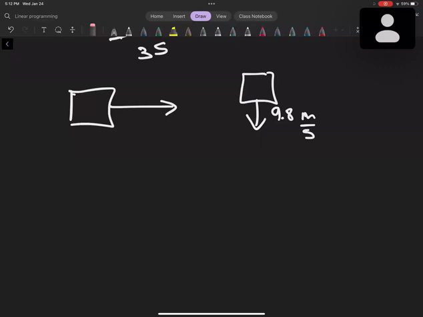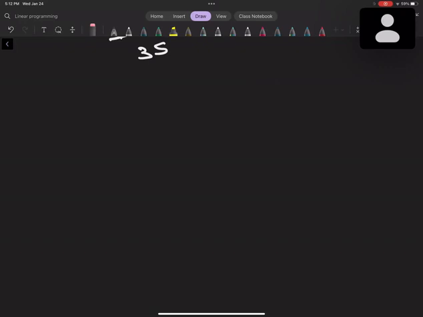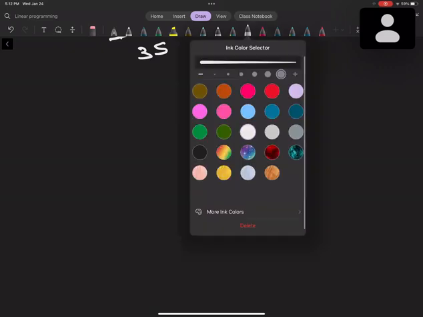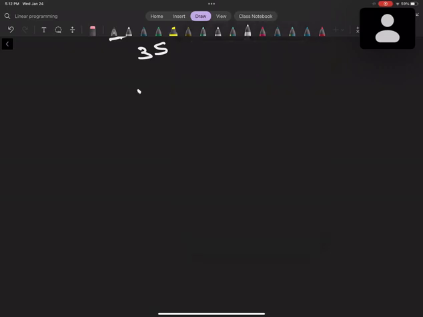So what we're going to do here is treat vectors like numbers. We know the numbers we can add, subtract, and so on.